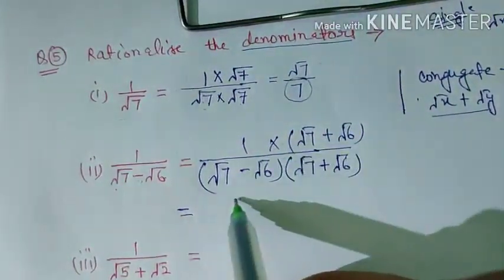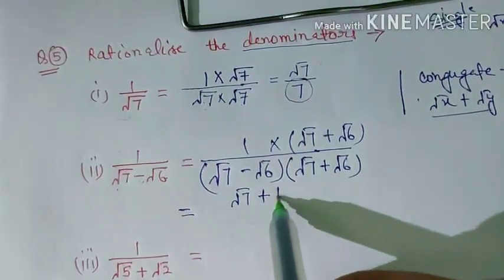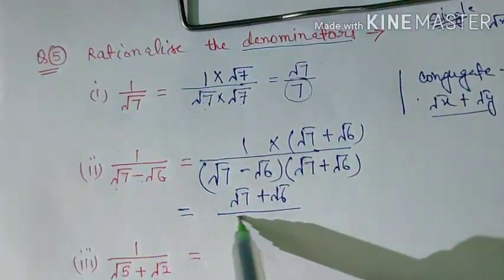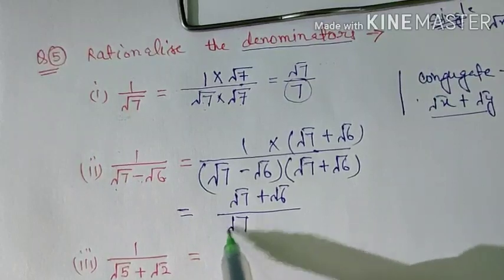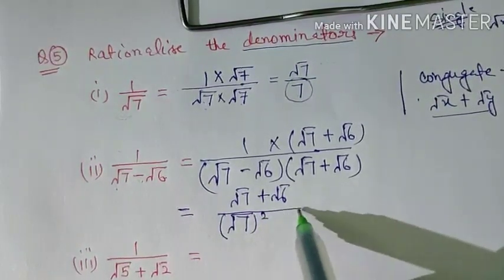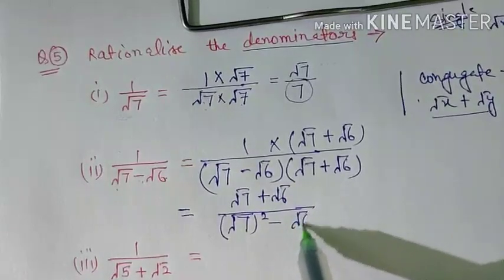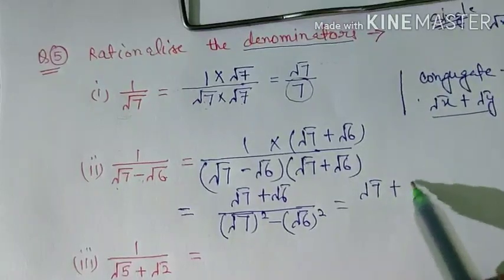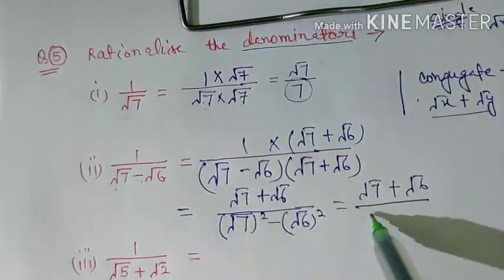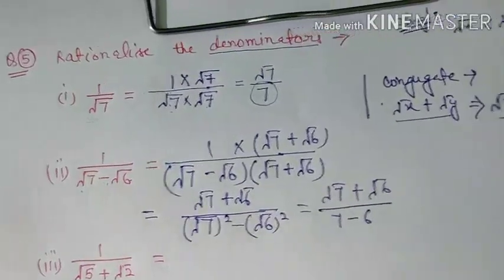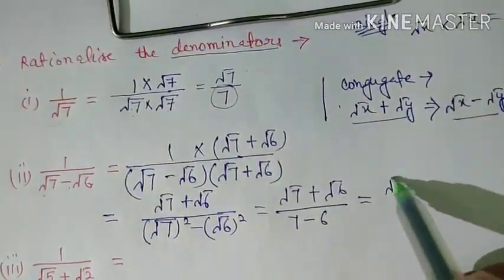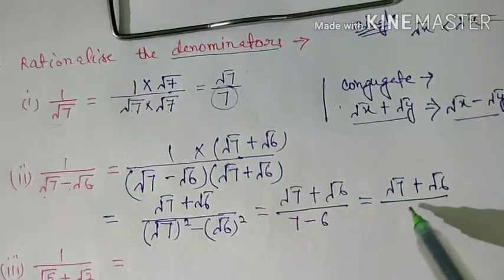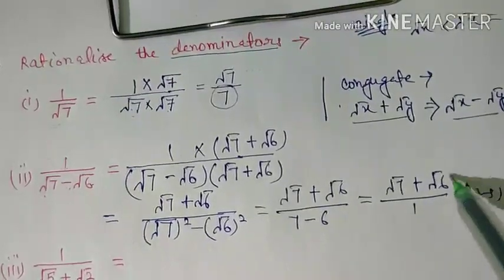So what we will get here, using a minus b, a plus b, it means root 7 square minus root 6 square. So I will be getting root 7 plus root 6 divided by 7 minus 6. It means the answer is root 7 plus root 6 upon 1, which there is no need to write. So this is the answer.